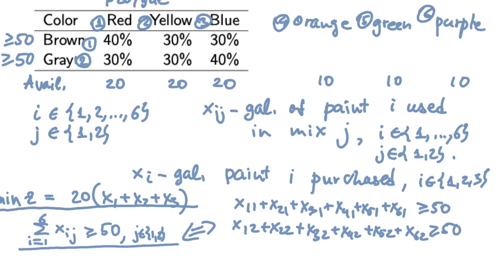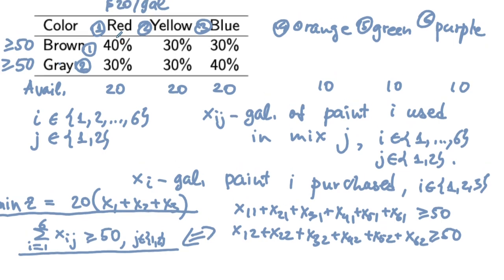Let's look at the red first. We use x11 gallons of red paint for the brown mix, and we use x12 gallons of the red paint for the gray mix. So the total amount of red paint that we use is x11 plus x12, and the total amount of red that we have available is 20 gallons that we have to start with, and then we purchase x1 gallons of red paint in addition to that.